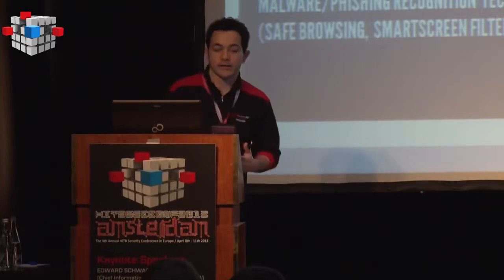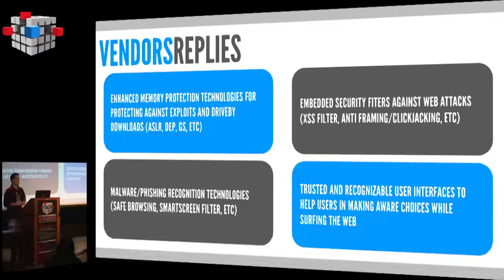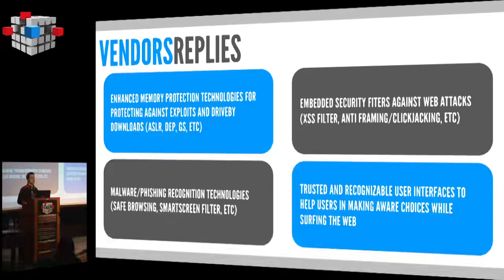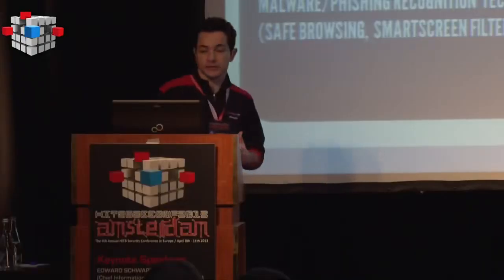The third area is protection against malware and phishing. And here the technologies developed are SmartScreen Filter by Microsoft, or Safe Browsing API by Google. And last but not least, a lot of effort has been put into building some trusted and recognizable user interfaces to help the user make aware choices while surfing the internet.